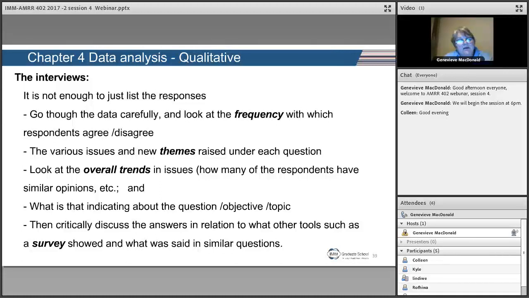Then critically discuss the answers in relation to other tools. We've seen that before, where you discuss the results from interviews with the results from surveys and say, but there's a difference. Say, for instance, you interviewed management, but you actually surveyed your customers.